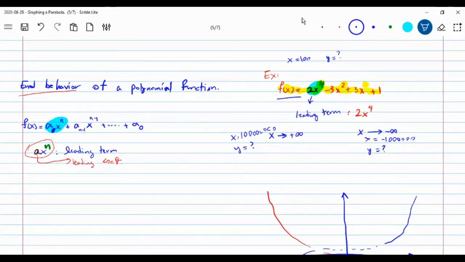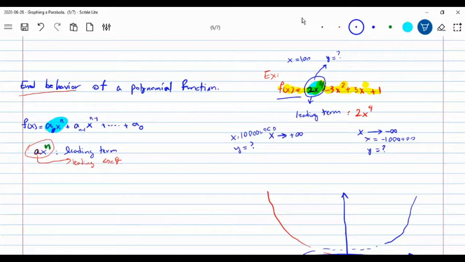That 30,000 and 300 do not have any effect on the 2 times 10 million. 10 million is too large to be affected by the other numbers. So what really decides the y value is the leading term, 2x to the power 4.